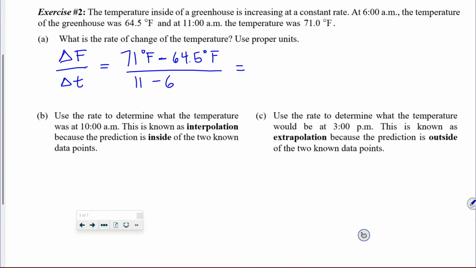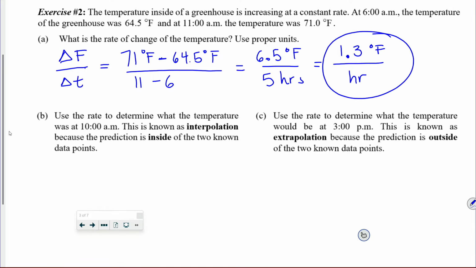Okay, that's then going to give me 6.5 degrees Fahrenheit divided by 5 hours. And if I want that as a unit rate, all I have to do is do that division on my calculator or in my head or whatever, and we end up getting 1.3 degrees Fahrenheit per hour.